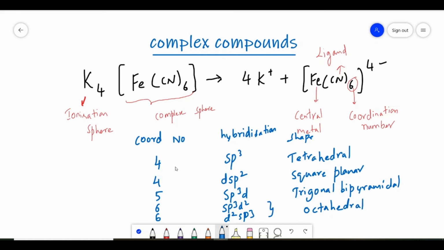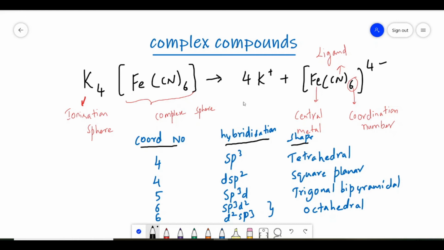So based on the coordination number we can know the hybridization, and based on the hybridization we can know the shape also. So once again, if a complex is ionized, we get one ionization sphere and one complex sphere. And in the complex sphere we have a central metal, a ligand and a coordination number.